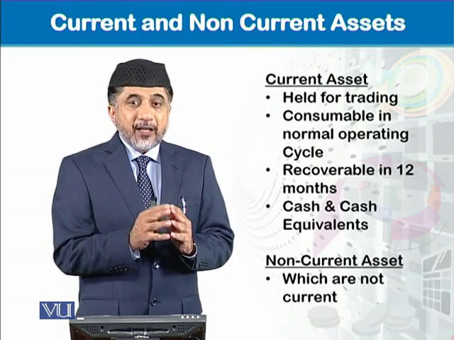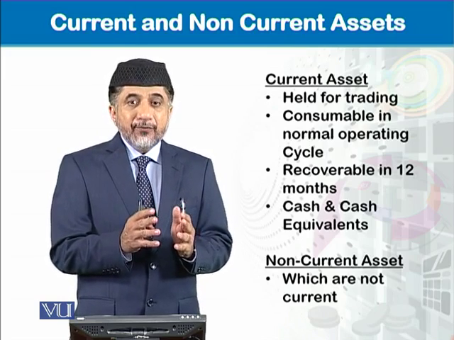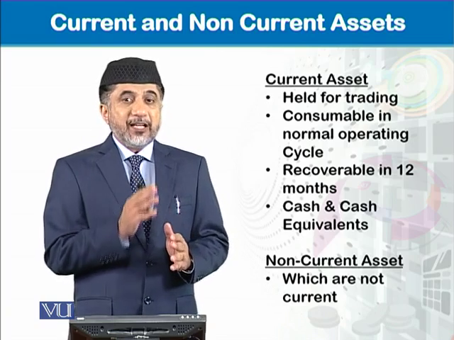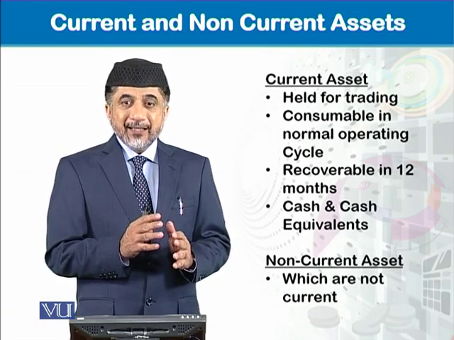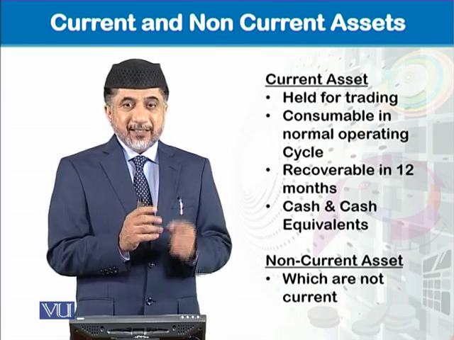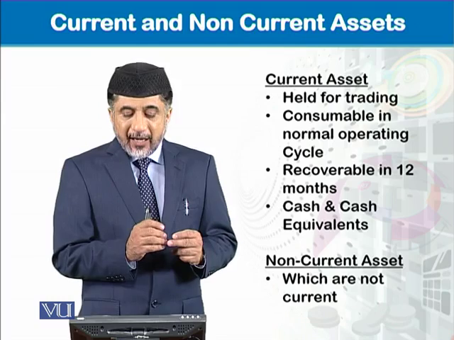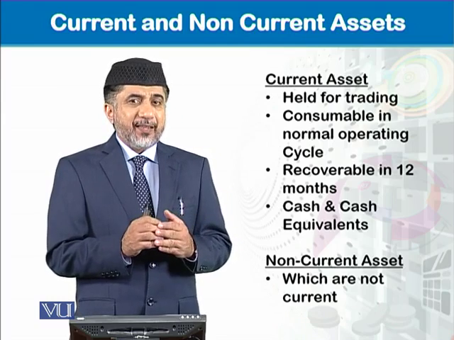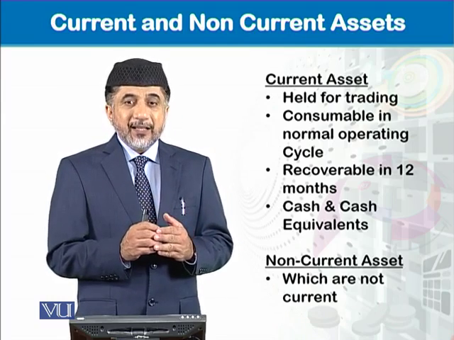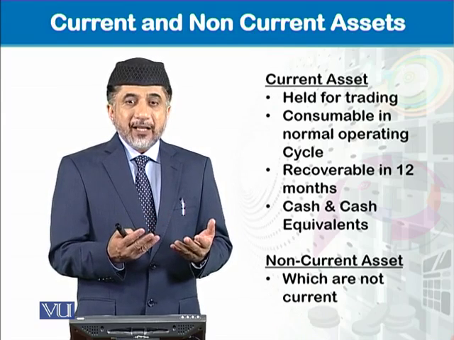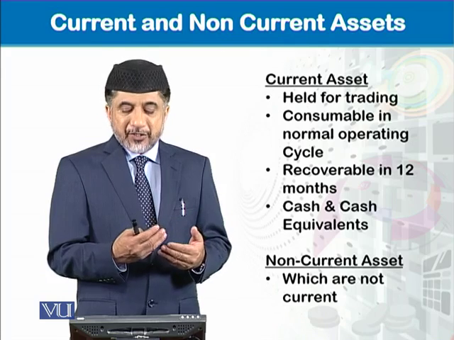Either those are inventories which are held for trading, or investments which are held for trading. These are the current assets, the first thing. Then assets which are held for consumption. Mostly it is the inventory which we hold for consumption in our ordinary course of business.